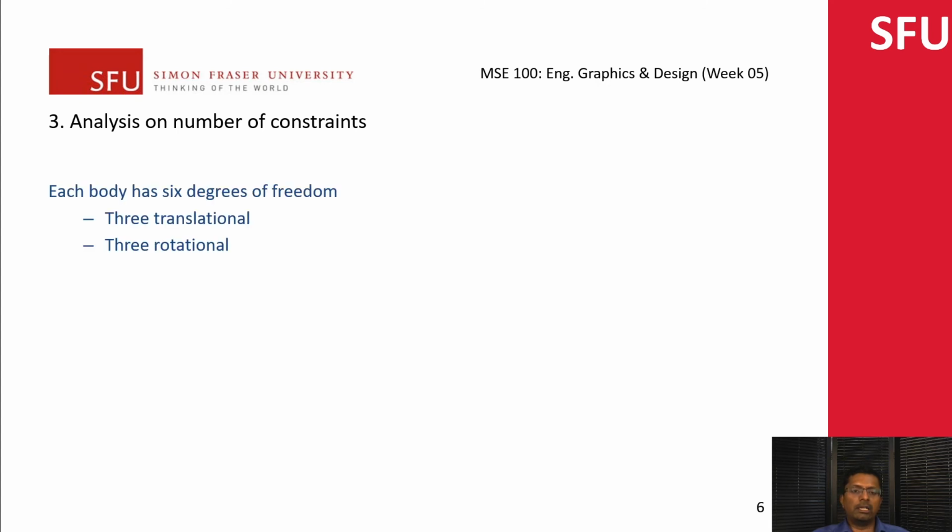So we want to constrain all of these. What I need to do is restrict all of these. If I want to make sure that the object is fully fixed, other than fixing it to the frame, which I can do for the first object, I need to make sure that I have enough mates so that the object is fixed. Or if I'm designing, say, a cylinder and a piston, then I want the translational axis to be free.